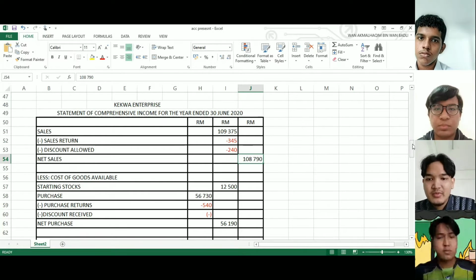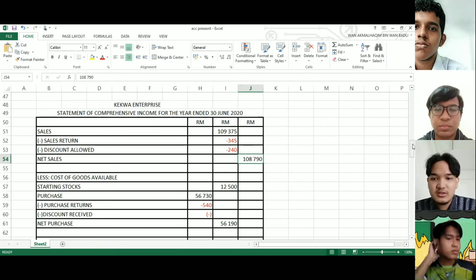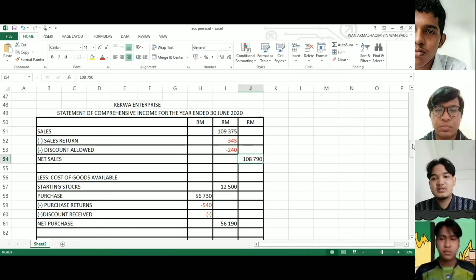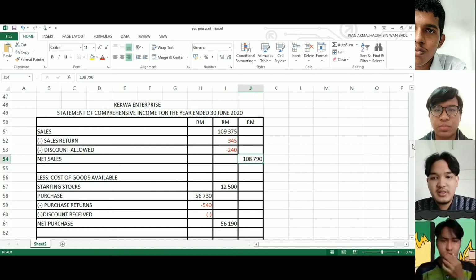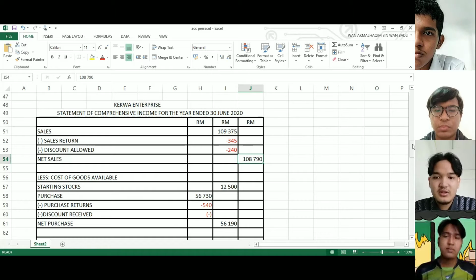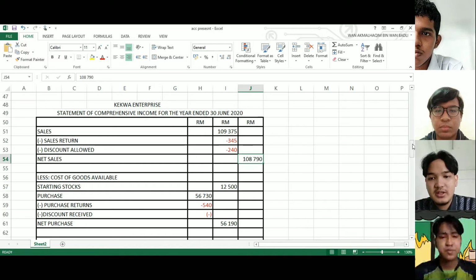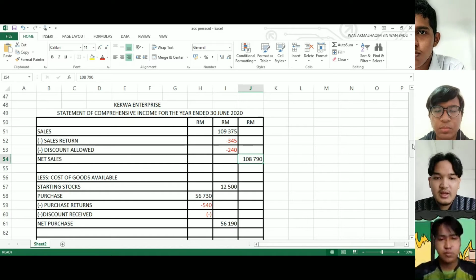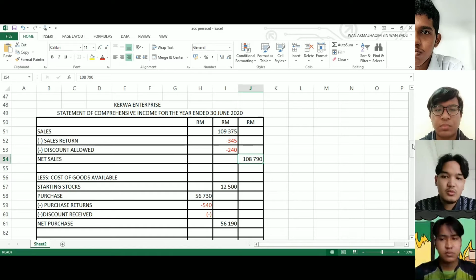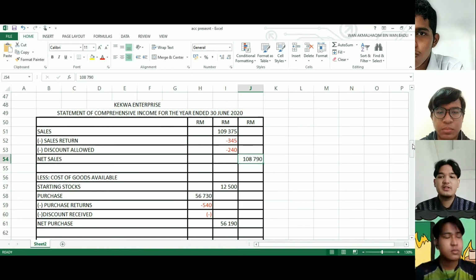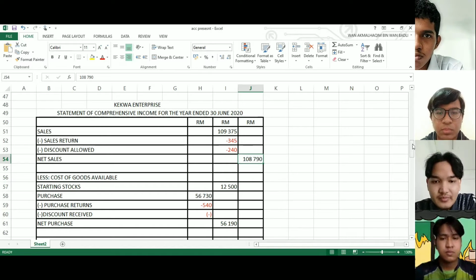First, sales 109,375 and the sales return negative 345 and discount allowed negative 240, and the net sales is 108,790.